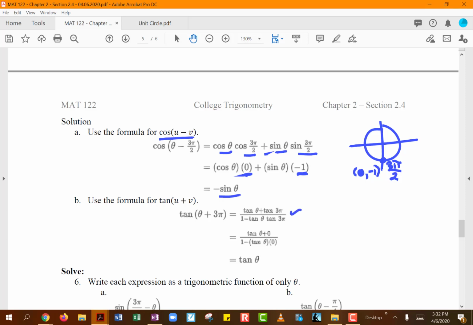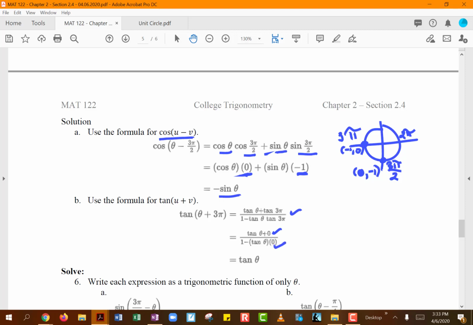So if you again think about your unit circle here, pi is going to be right here, 2 pi is here, which means this guy can also be 3 pi. So for 3 pi, you are at the ordered pair negative 1, 0. So that's why tangent of 3 pi is going to be 0.